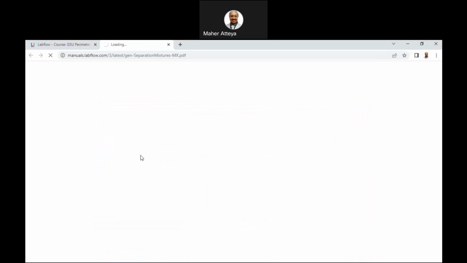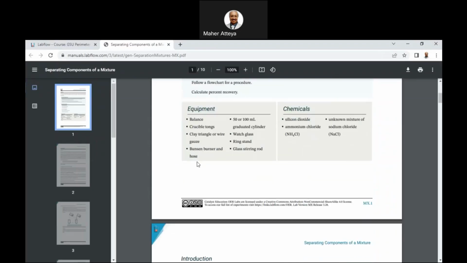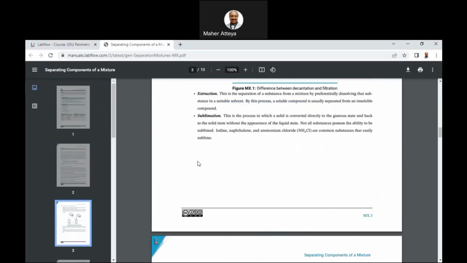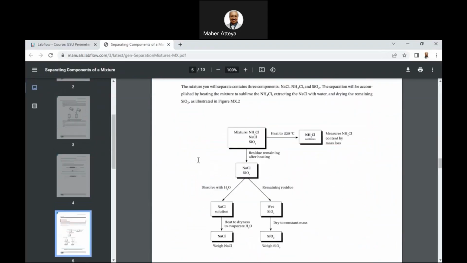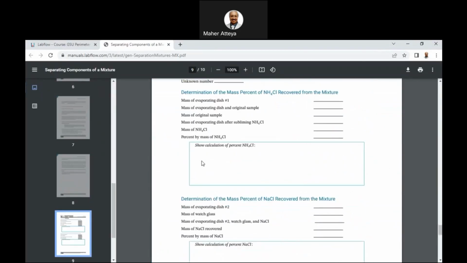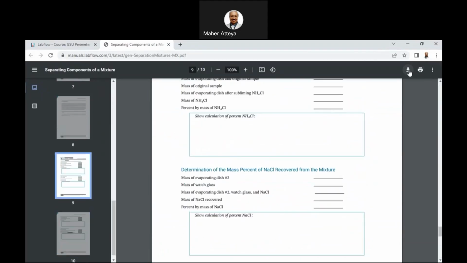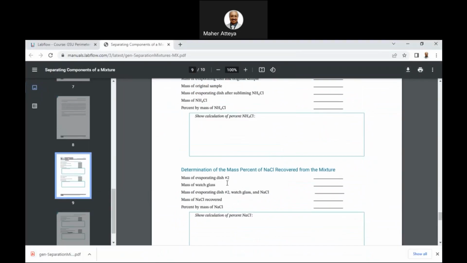See if it's coming. So this is the actual background. I can save it and then put it back in so you can see it. I'll download it to this tab.